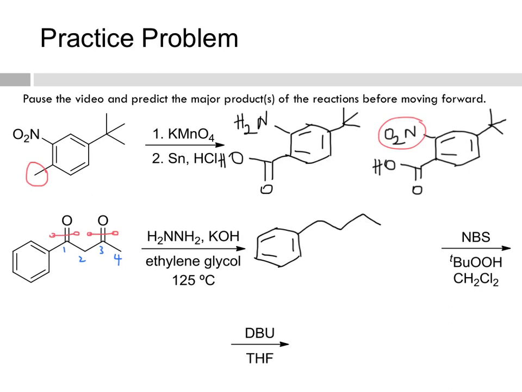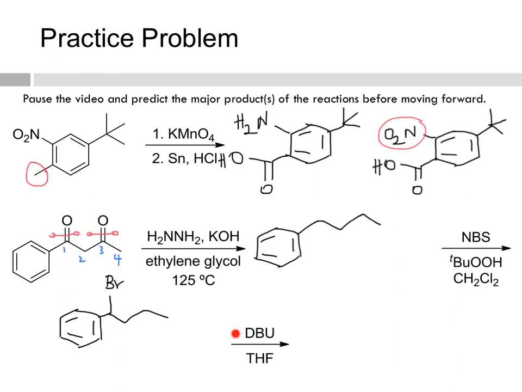After this, we treat it with NBS and a peroxide in dichloromethane, and here we're doing a radical halogenation at the benzylic position. And so we've got a benzyl bromide and the rest of the carbon chain. And at this point, we're treating it with DBU and THF. Now remember, THF is a polar aprotic solvent.